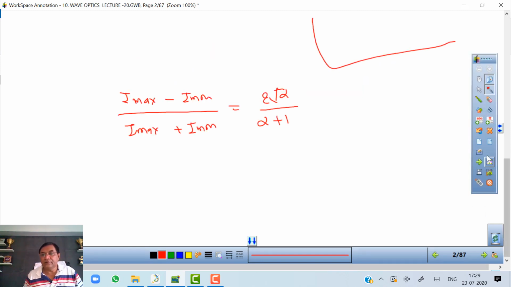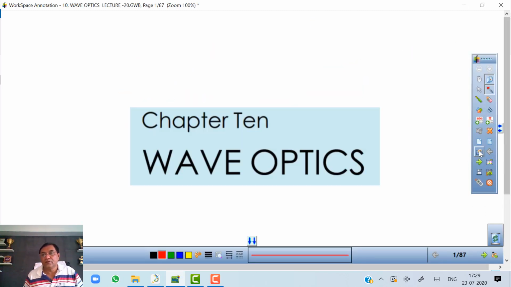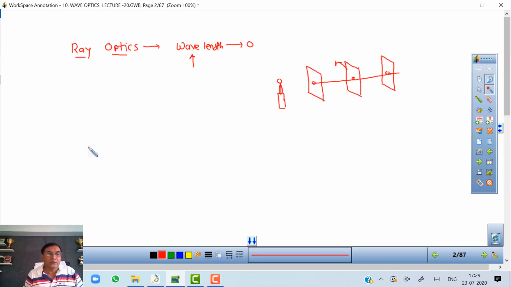For that we have a few experiments: interference, then diffraction and polarization.